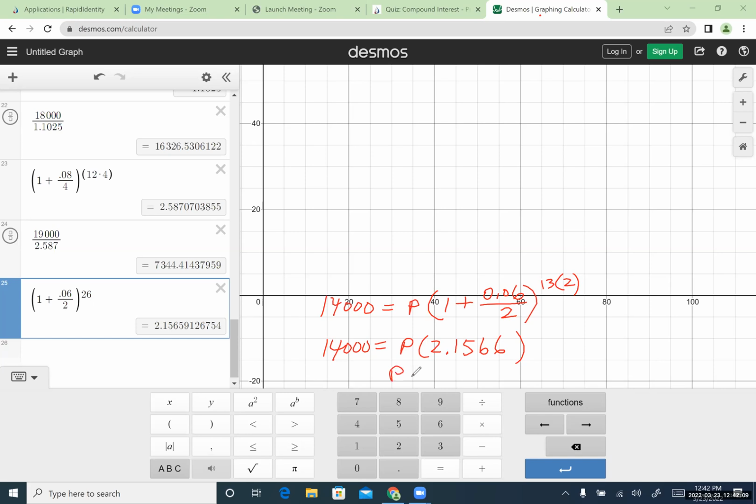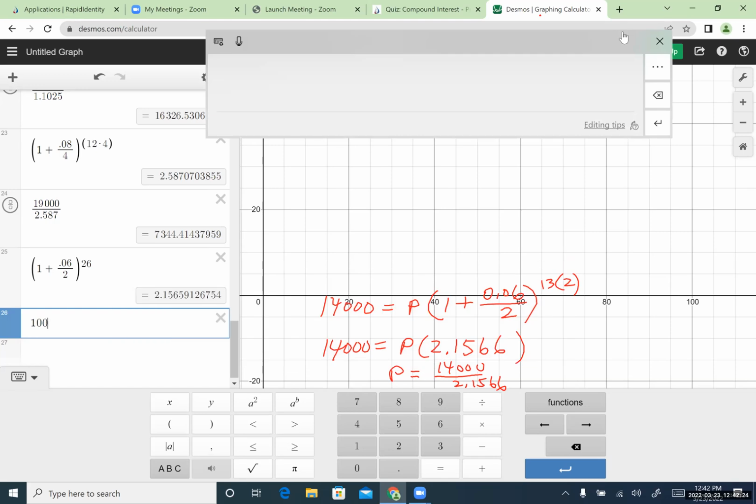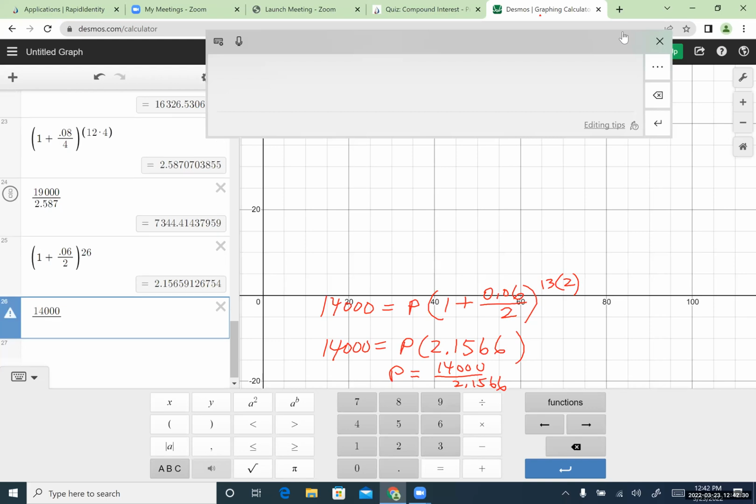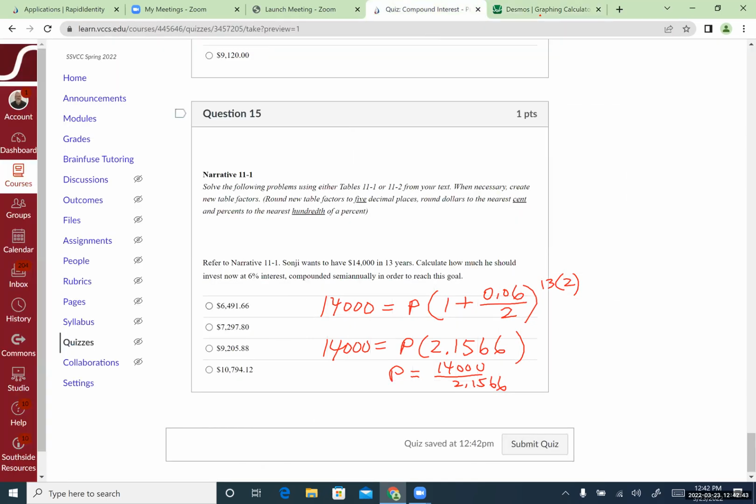So to find the principal, we divide both sides by the 2.1566 and see what we get. 14,000 divided by 2.1566. 64.91.69. There we go. And that is that.